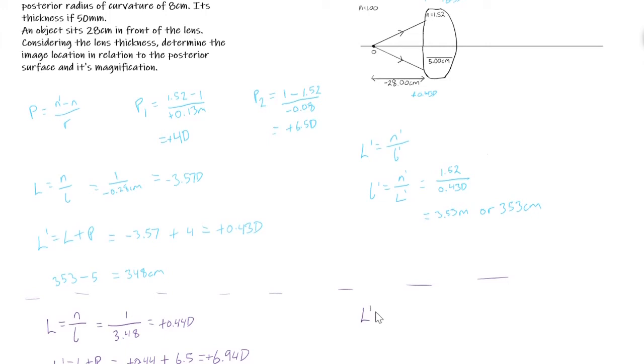Similarly as from above, image divergence is equal to the medium over image distance. And when we rearrange this formula, we're going to get this. And here we can place our 1.52 over the image divergence, so 6.94.